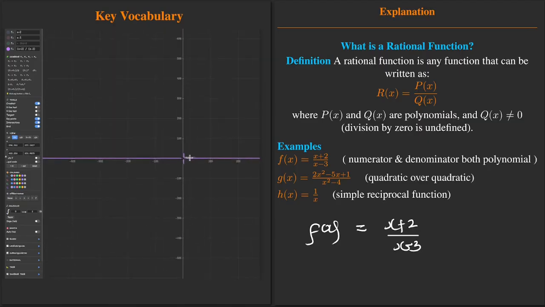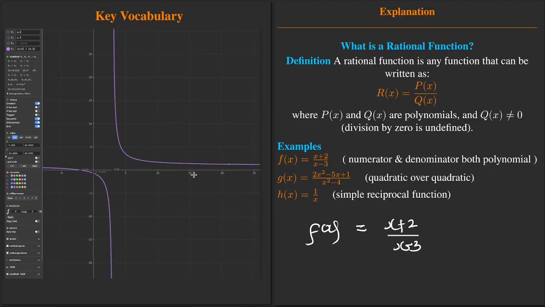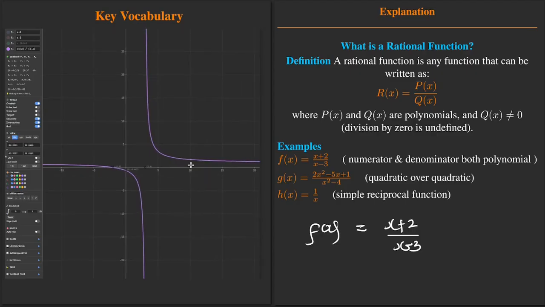So there are so many characteristics that we'll look at as we go through this course. Our second example here is g of x equals 2x squared minus 5x plus 1 all over x squared minus 4.